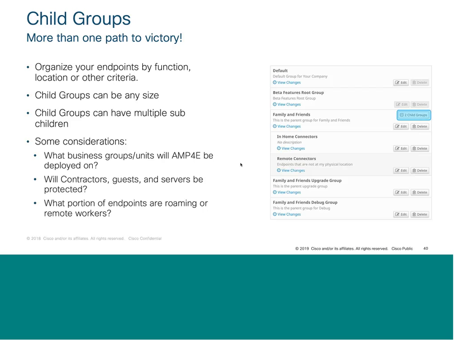Connectors that I have at home for myself, my family, my roommates, I put their endpoint connectors into this group, and then if I have family that doesn't live close by or doesn't live in the same house with me, then I put their connectors into remote connectors. But they're both under the family and friends child group.